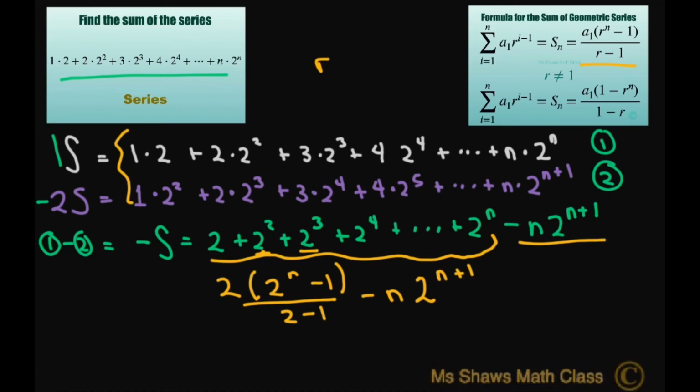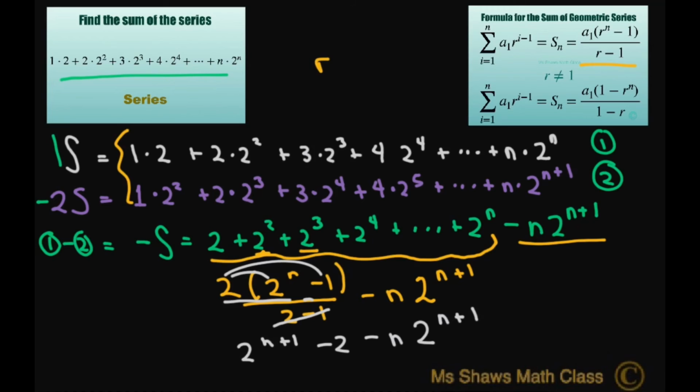All right, let's simplify this. This is just 1, and I'm going to multiply those two. If you multiply these two, this is going to be 2 to the power of n plus 1, and then you have minus 2 minus n times 2 to the power of n plus 1.